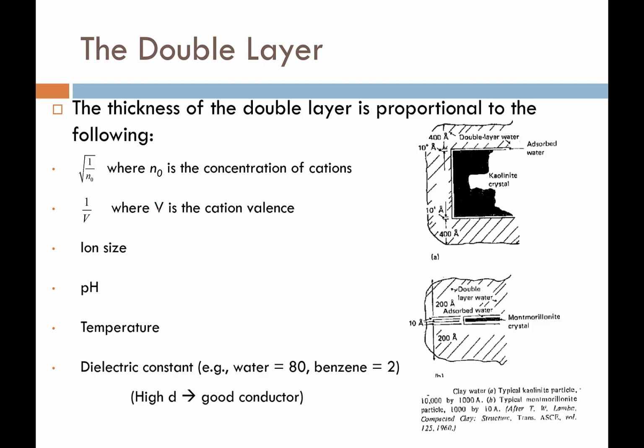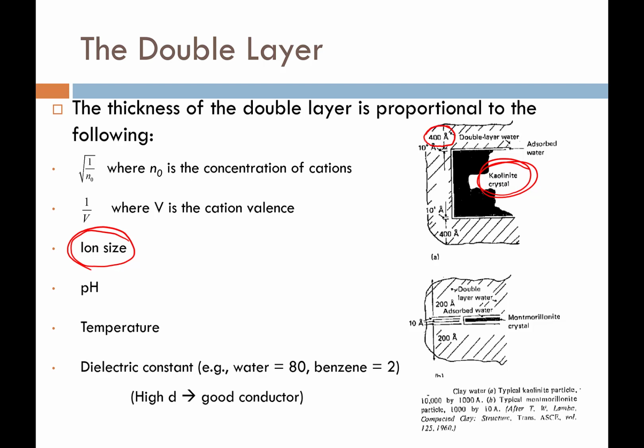Interesting. It's also inversely proportional to the valence of the cations. The higher the valence, the smaller the double layer, the thinner the double layer. Okay. The size of the ion of the clay molecule affects the size of the double layer. So, for instance, here's kaolinite, and check that out.